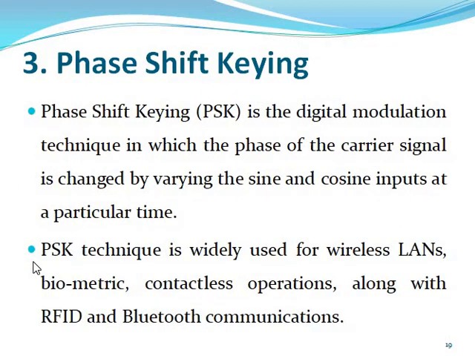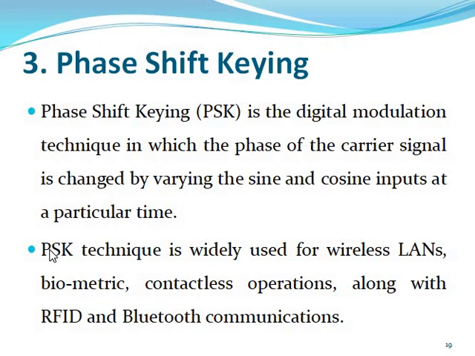Now we can show the phase shifting key. Phase shifting mostly represents sine wave and cosine wave. It is mostly used for wireless LAN and biometric representation. What is biometric? It includes fingerprints, security passwords, data protection, thumb or eye scanning.